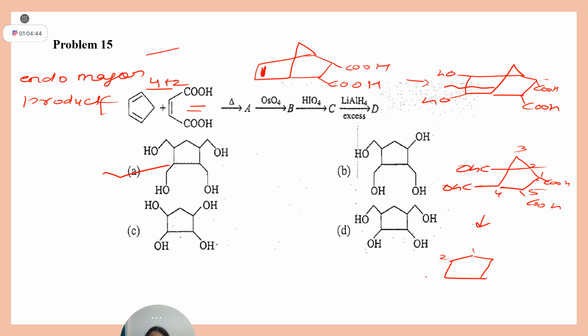Again, number it 1, 2, 3, 4, 5. 5 having COH, 1 having COH, 2 CHO, 3 nothing, and 4. So all these 4 will be CH2OH. So the correct answer is here only, and you will be getting this. So the correct answer is option number A.